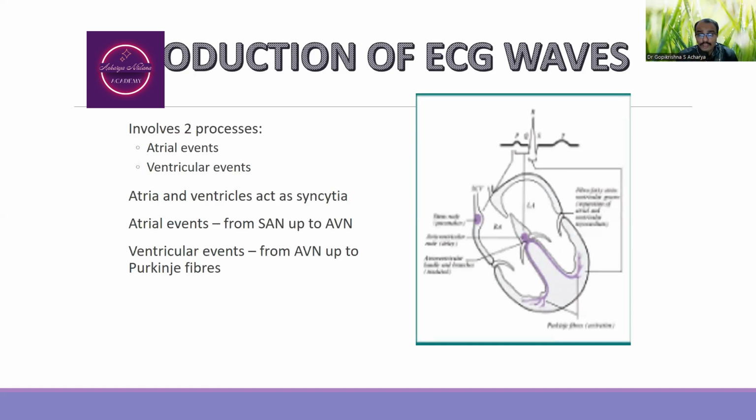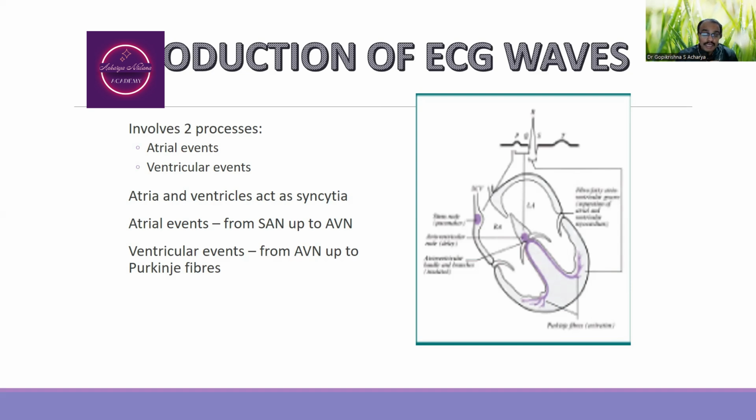When you think about the production of ECG waves, there are 2 types of processes that will be happening in the myocardium: atrial events and ventricular events. Atrial events will be acting as syncytia. Syncytia in the sense that all of them will be acting simultaneously at a particular time. Whereas the ventricles also act as syncytia.